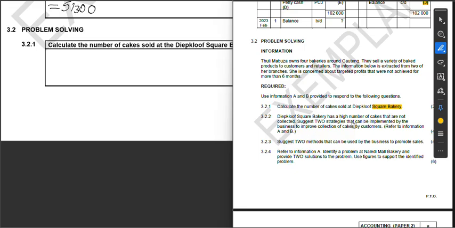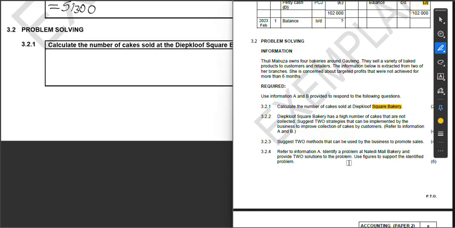Suggest 2 strategies that can be implemented by the business to improve collection of cakes by customers. Refer to information A and B. So we're going to use information A and B specifically for this question. And then it says suggest 2 methods that can be used by the business to promote sales, and then refer to information A.